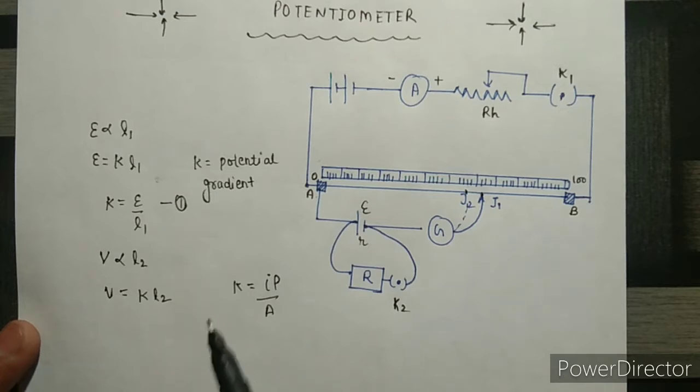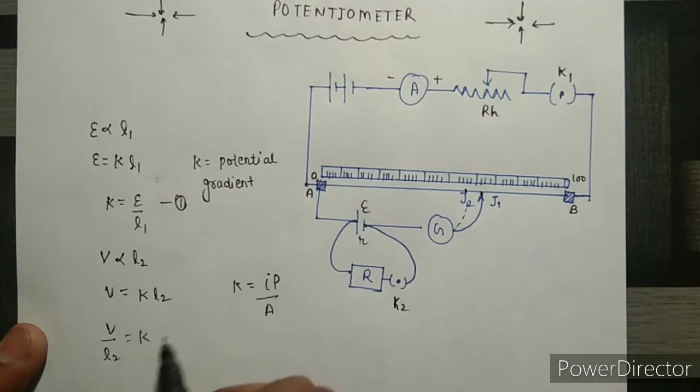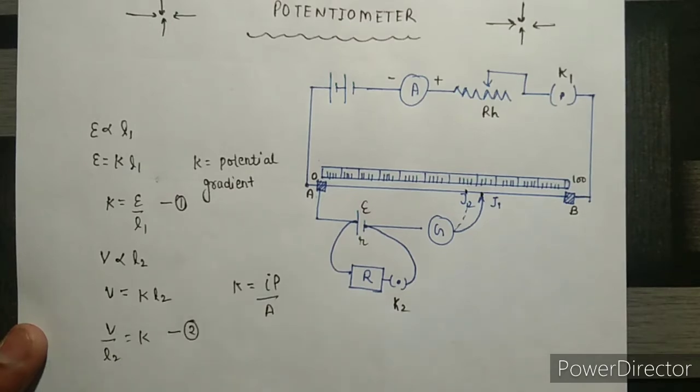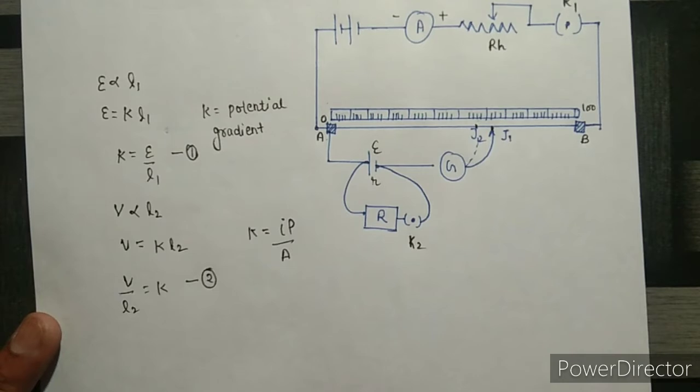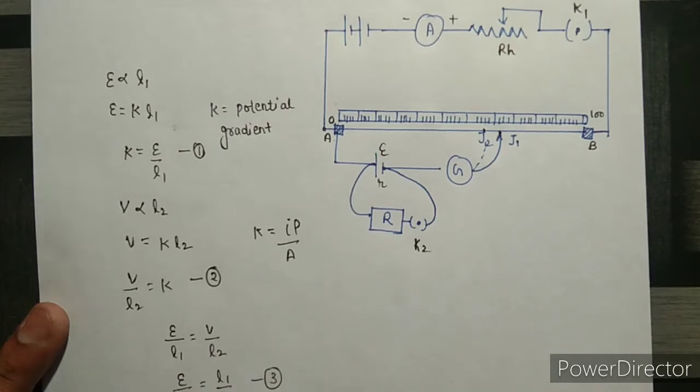So in both conditions the potential gradient is the same, means V upon L2 is equal to K, equation 2. Now by using 1 and 2 we get E upon L1 is equal to V upon L2, means E upon V is equal to L1 upon L2, equation 3.